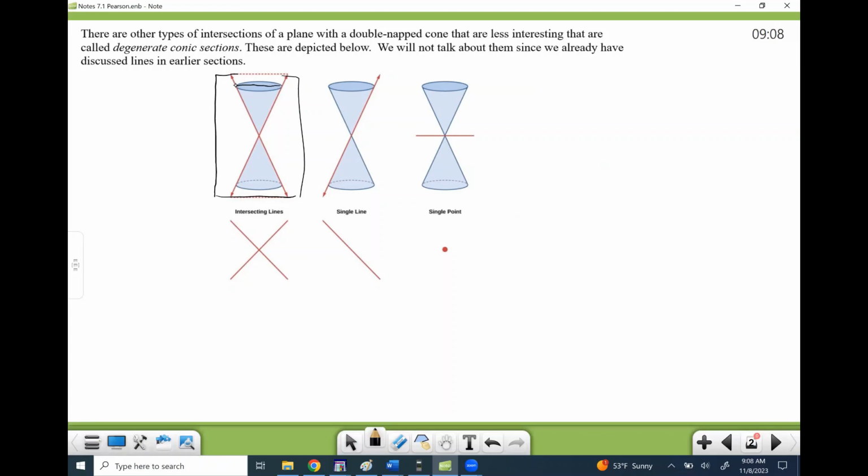Then it would touch in 2 lines like you see here. Or if we sliced just perfectly on like this, right? Or we sliced the paper through right there, then we would just get a single line. And then if we slice the paper right here, it would just be a point. So super boring, right? We've already talked about lines in great detail, and points are just really, really boring. There's nothing to be said there. So we're not going to study the degenerate conic sections. Okay. All right.